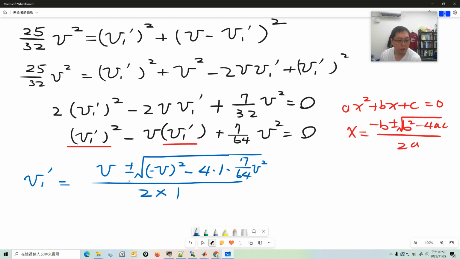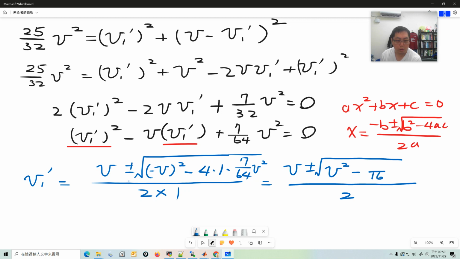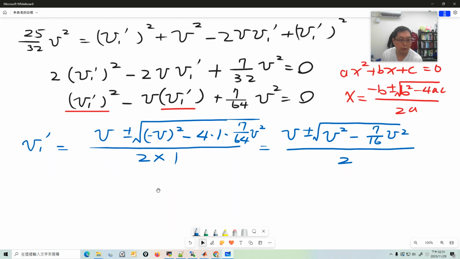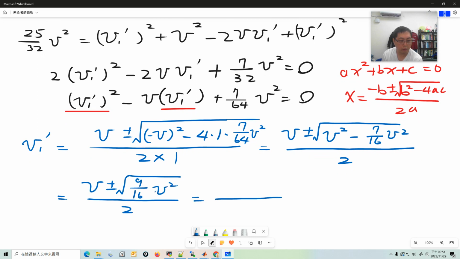That's right, so it's not really that difficult. This becomes v squared minus 7/16 v squared, and the number is not that bad. So we get 9/16 v squared, and the solution is 3 over 4 v.